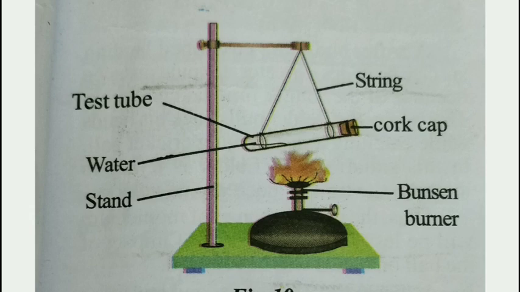The cork cap which I have fitted to the mouth of the test tube will be blown out. Here, when the rubber cork cap blows out, the cork will move like this and the test tube will move in the opposite direction.